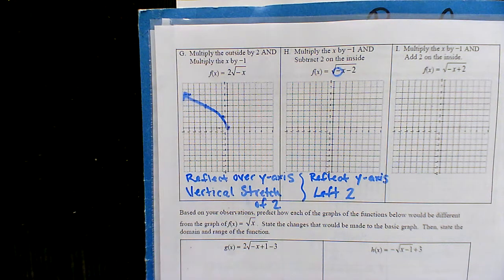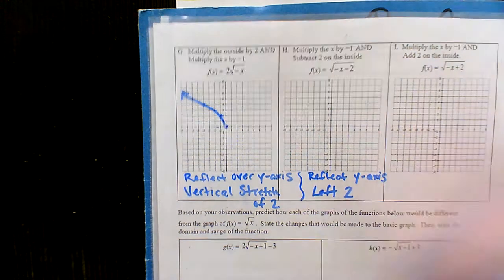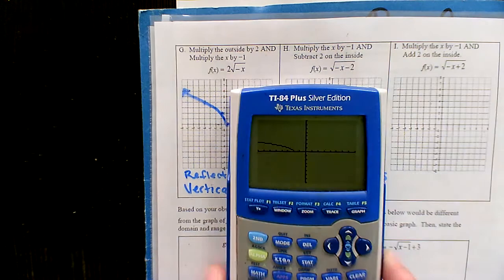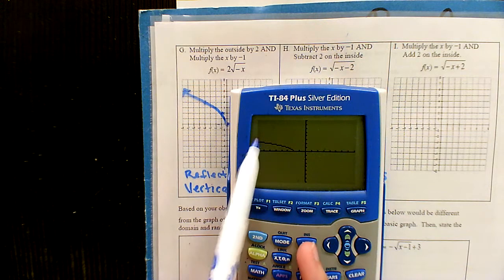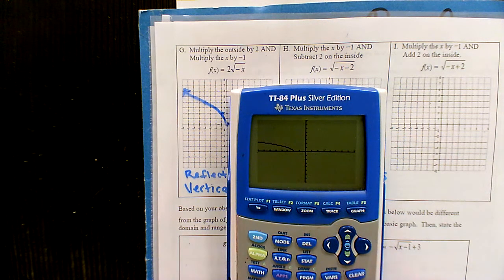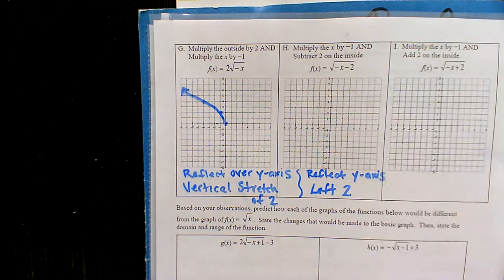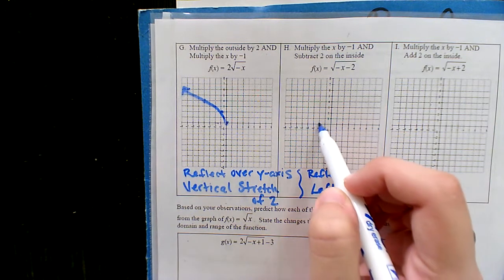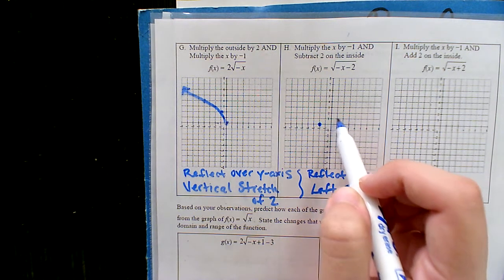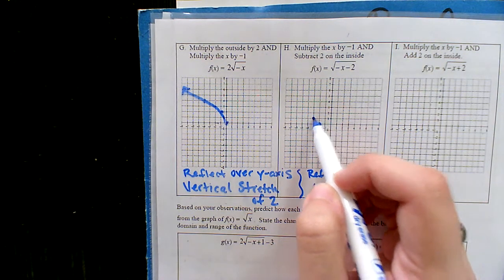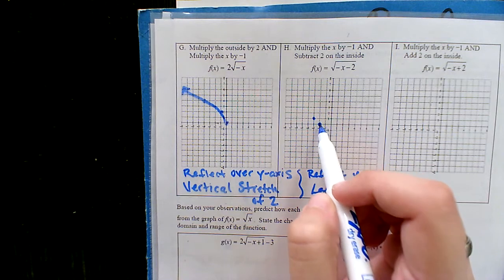You got to be careful. You know how like a double negative makes a positive? You have that negative in there, it's going to switch the way it moves. So if we reflect it over the y-axis, it's now pointing to the left, and we have to move every point left 2 spots. So the origin point is now at negative 2, and we can draw in the other 2 points.